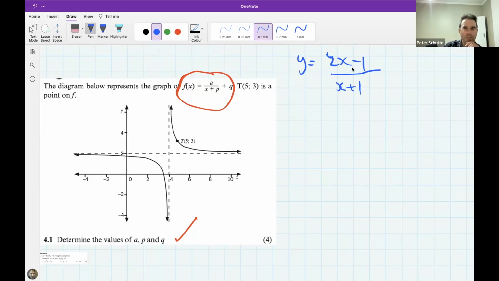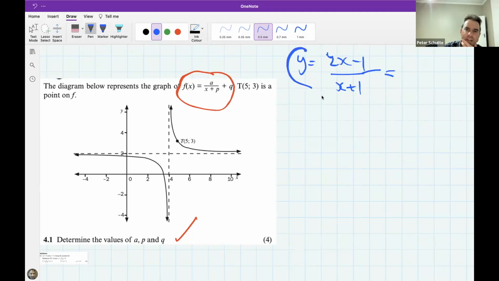This is a different type of question. It might be a mistake because I don't think this is a hyperbola. This is a quotient function, unless you were factorizing it down. So are you sure, 2x minus 1 over x plus 1? Yeah, definitely, that's what they gave us in class.